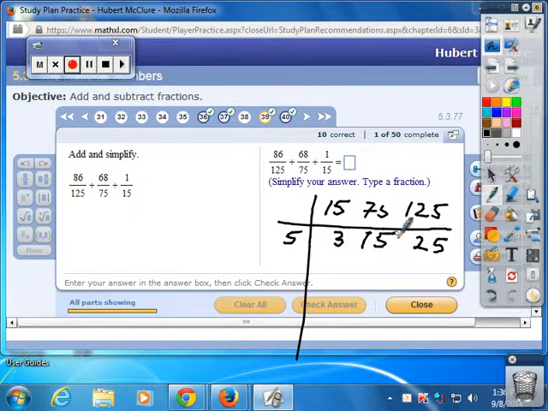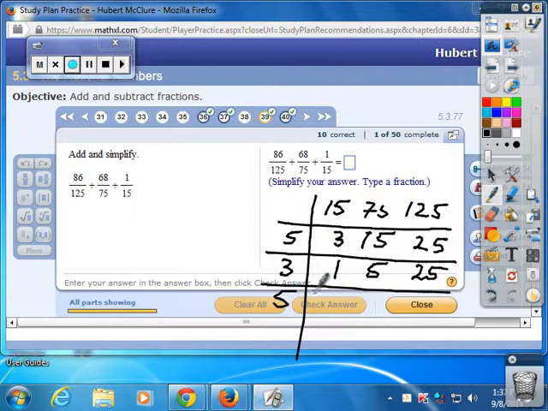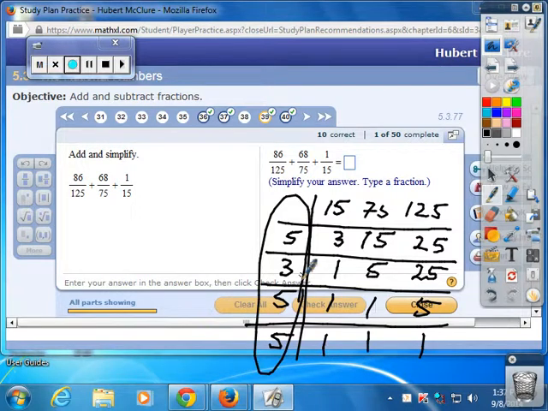Is that better? And then real math stops, but we can go on, and 3 will go in there 1 time, 5 times, 25, 5, 1, 1, 5, and then 5, 1, 1, 1. So here is your common denominator, which is 25, 5 times 5.